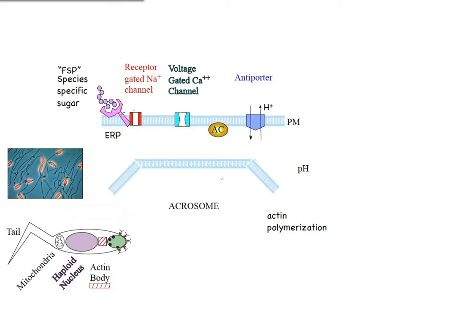When that interaction occurs, either directly or now thought to be pretty indirectly, sodium channels are opened. When sodium channels are opened, that of course is going to change the membrane potential of the cell. It's going to depolarize the membrane. What's that going to do? Well, since that's labeled voltage gated, it's going to open the calcium channels.